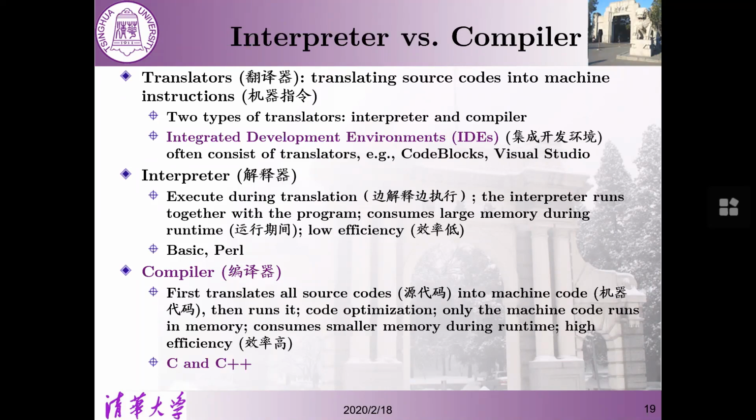Source code are text files, and the machine code is binary code. 就是源代码一般都是这种文本格式的，对吧？我们写 C 加加程序都是文本的，但我们要把它翻译成二进制码、机器代码，这样才能执行。So there are 2 types of translators. The first one is the interpreter, and the other one is the compiler.